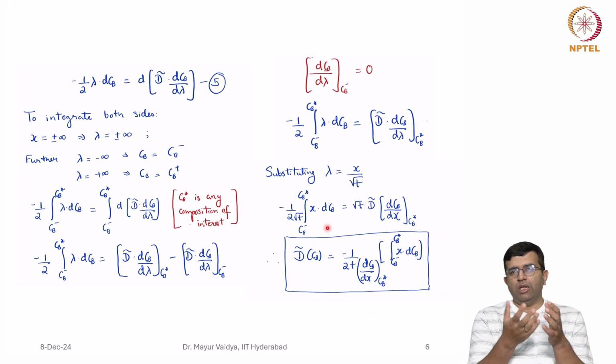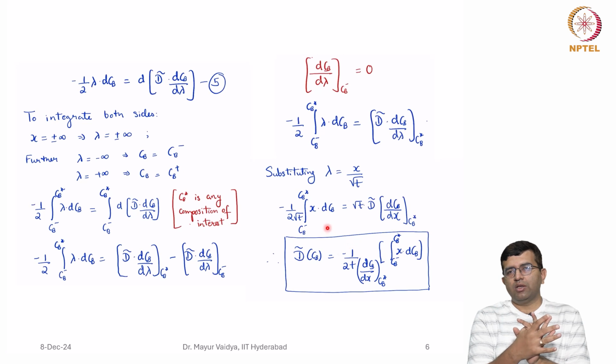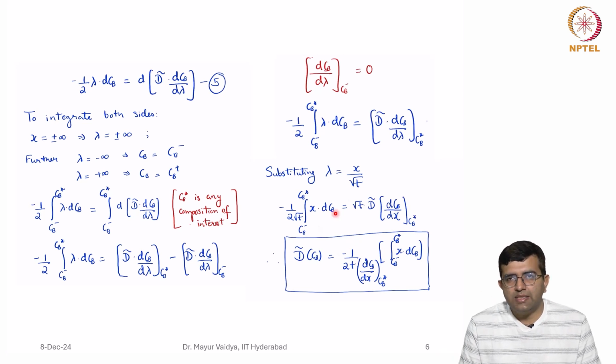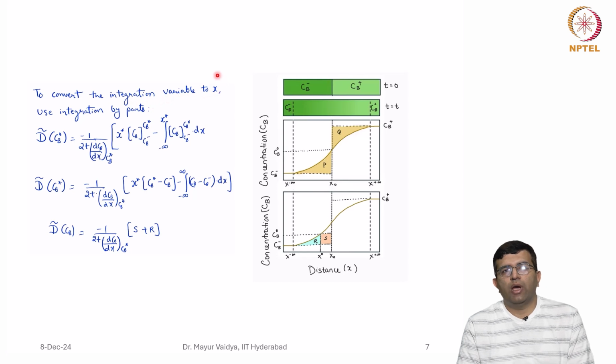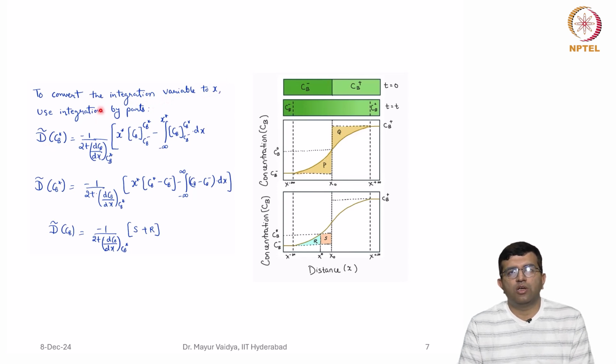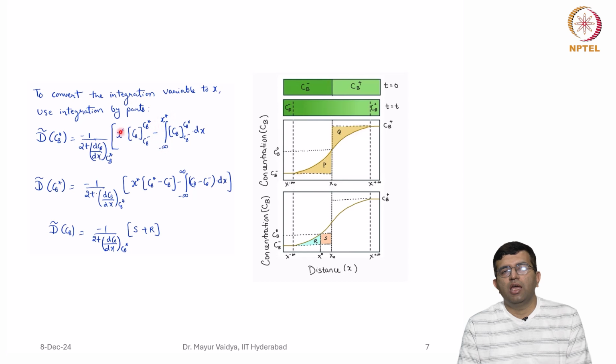Now, usually it is easier if our integration variable is x instead of c. So we can make some slight changes here. To convert this integration variable to x, we use integration by parts. So you have x into Cb minus Cb star from minus infinity to x star. x star is basically the location where Cb star exists.